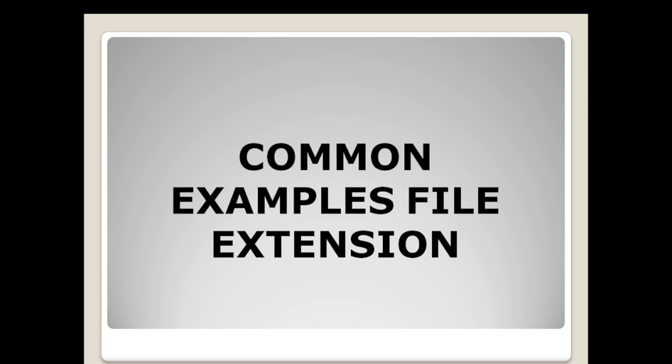This file extension, it is used by most camera to store photos. That's the common file extension for photos. When you snap a picture, the file extension there will be JPEG. That is the extension file we use to identify pictures.